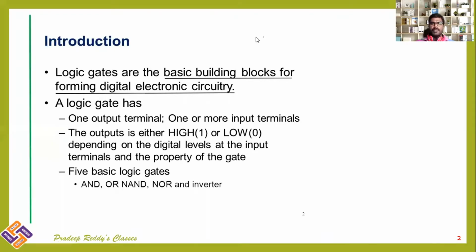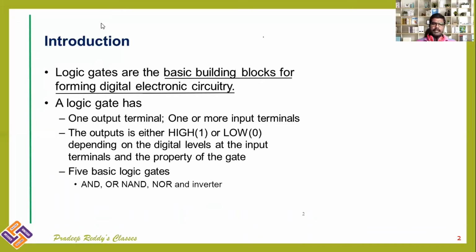Therefore, just like a molecule or any matter is made up of building blocks of atoms and nuclei, in the same way, any digital circuit should be made up of some logic gates. Remember that a logic gate can be made by using a junction diode or a transistor. That's the reason why junction diodes and transistors are the basic building blocks of all electronic devices. They form the heart of all electronic circuits.